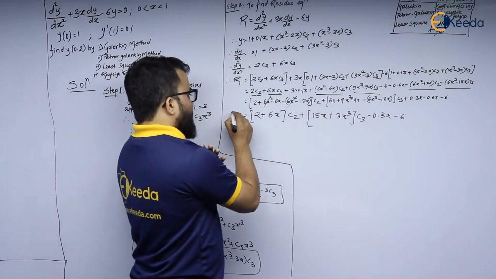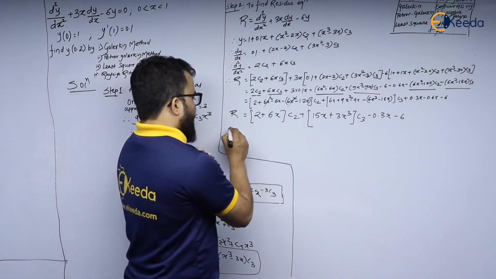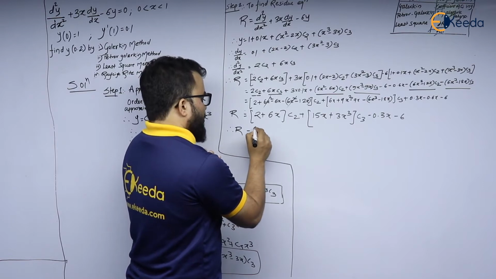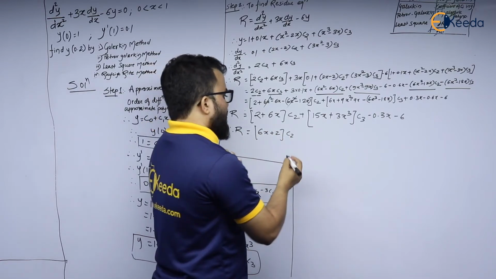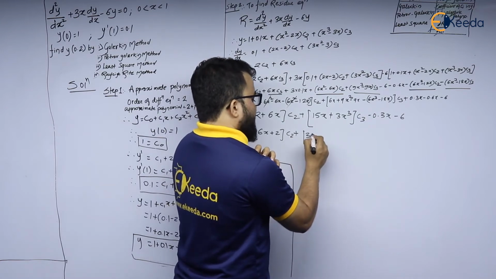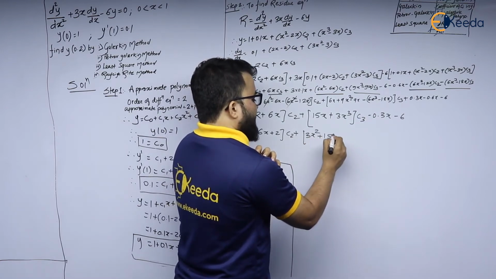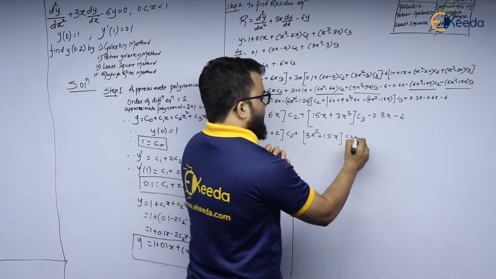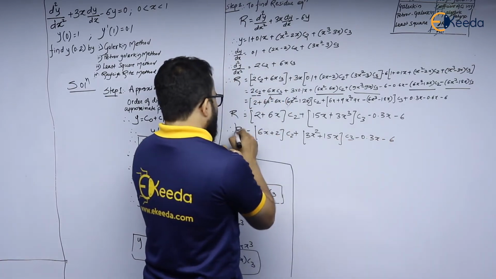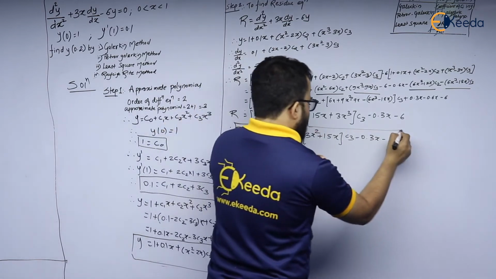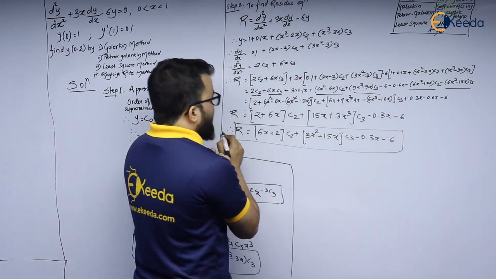So this is my residue equation. Finally I got R equals (6x plus 2) into c2 plus (3x square plus 15x) into c3 minus 0.3x minus 6. This is the end of step number 2.